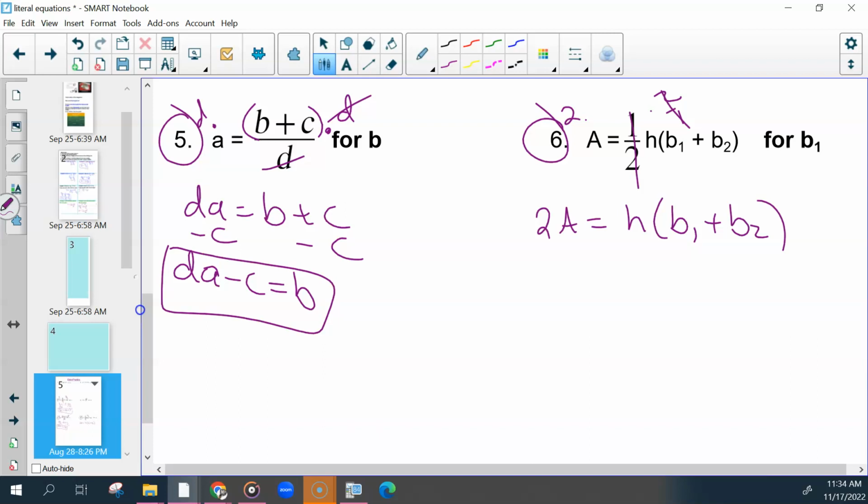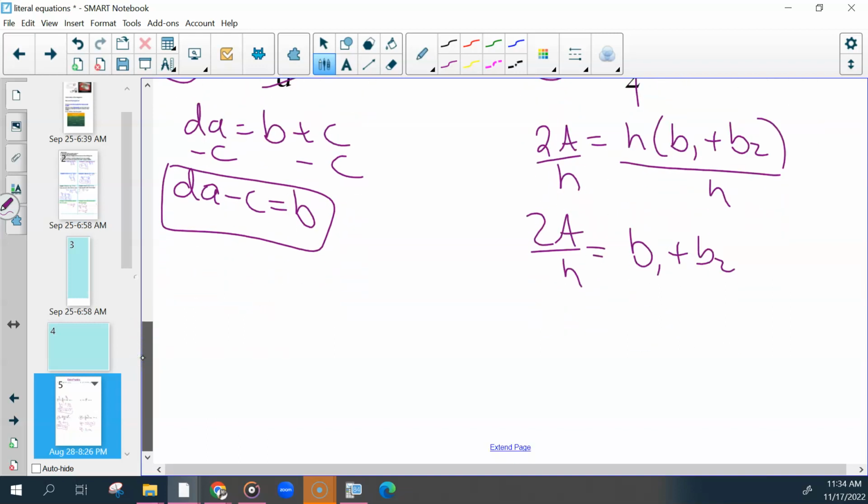But now what? Lily? If we distribute it, we have to eventually do something to get rid of the h by the b1. What can we do instead? Hannah? So 2a over h, now the parentheses drop, b1 plus b2.